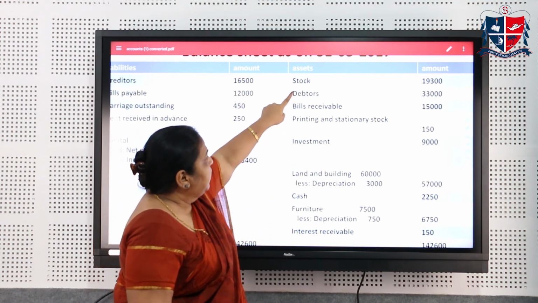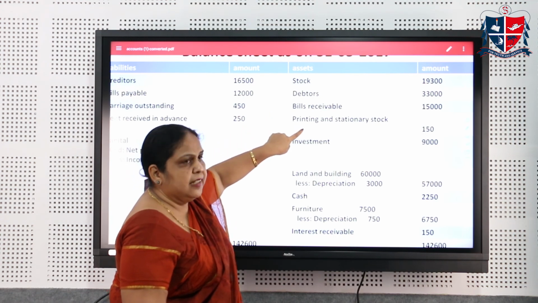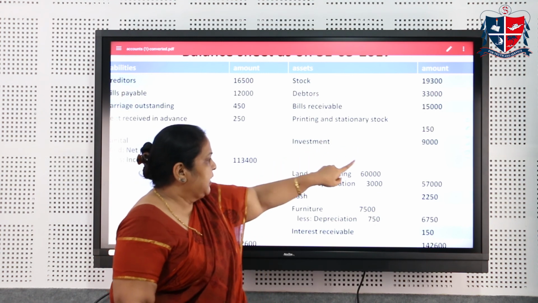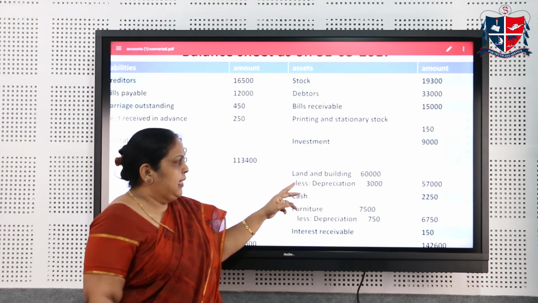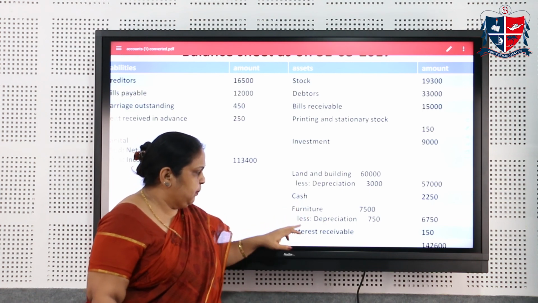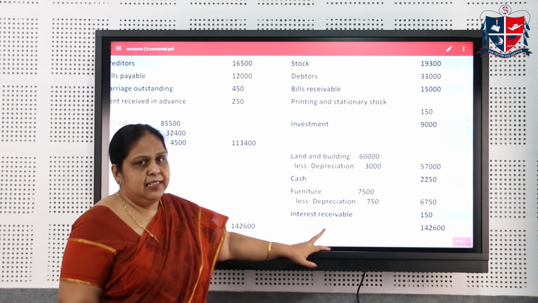See, stock, you have debtors, bills receivable, printing and stationery in stock, which was in the adjustment 150, the investment amount, land and building, less depreciation, cash, furniture, less depreciation, interest receivable, and there you get your balance sheet tallied.